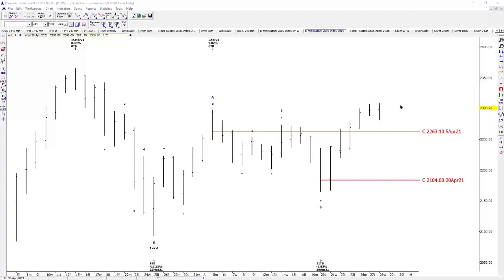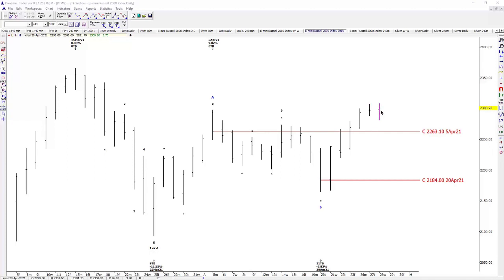So the objective here is to get the earliest signal possible and a confident signal that this section up is complete. Because what occurs when this is complete? Well, a resumption of the bear trend, at least one more decline, that will probably at least test, and probably exceed this initial low.